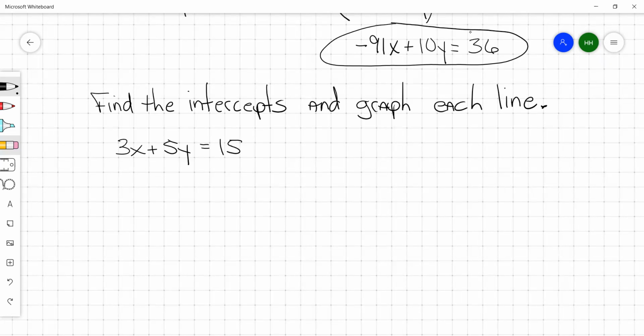And you're asked to find the intercepts and graph. The first thing you're going to do is write the equation down twice. Then, in your first equation, you're going to scratch out the y. And in the second equation, you're going to scratch out the x.